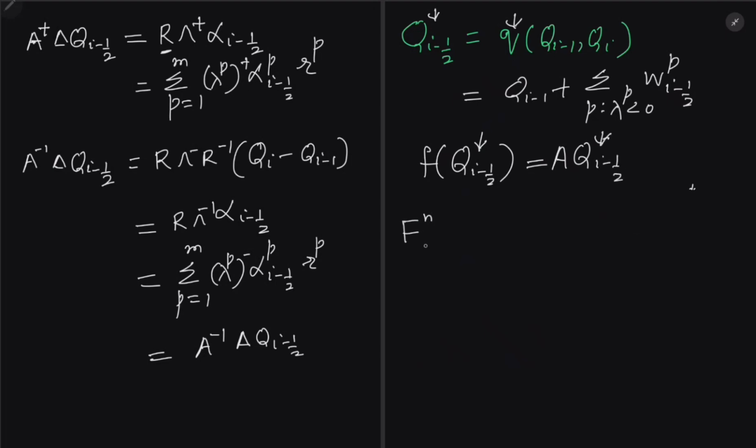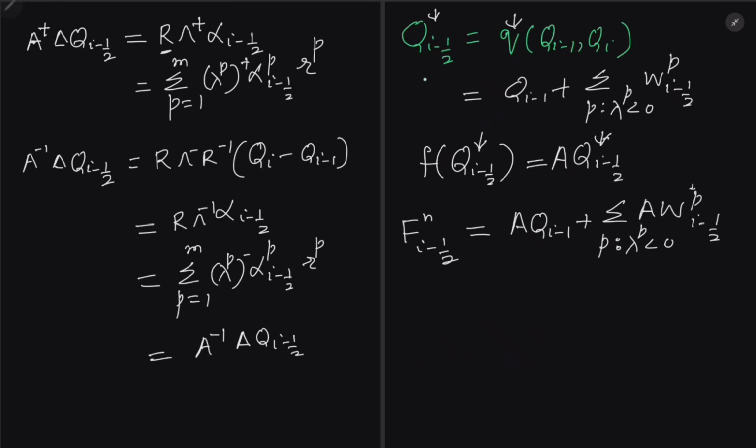So the flux at i minus 1/2 will be equal to A q_{i-1} plus the sum over p with lambda p less than 0, and we also have W^p_{i-1/2}.